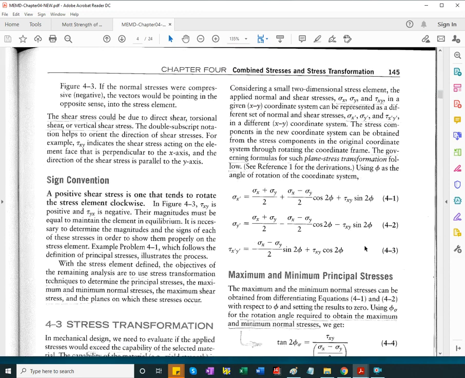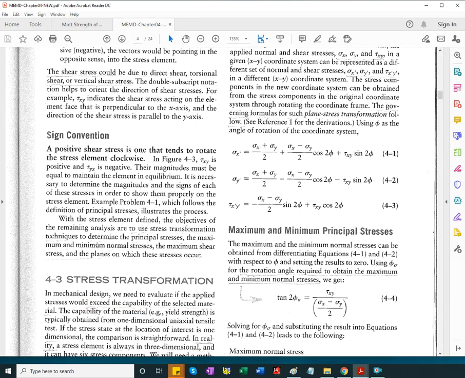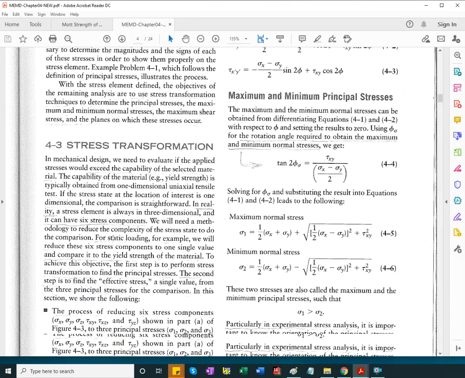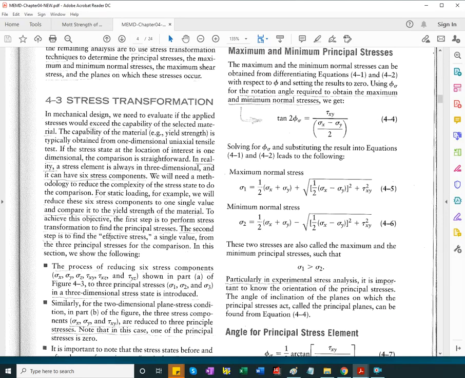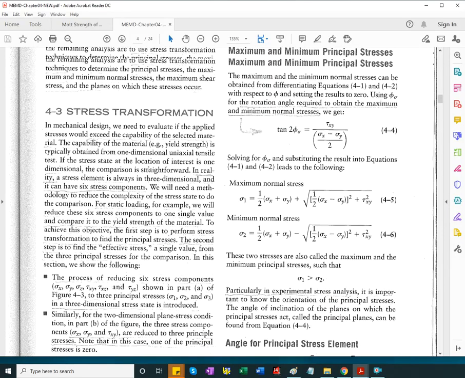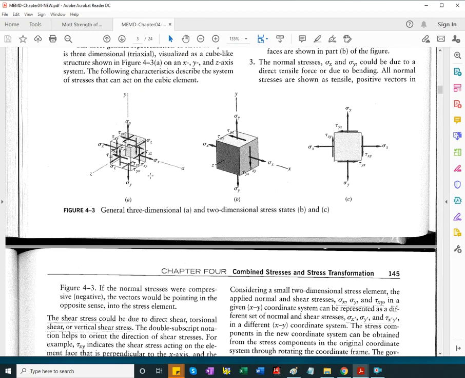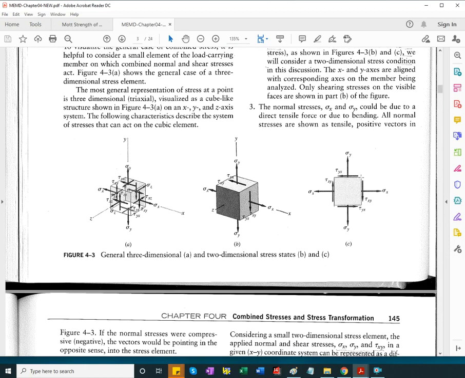Okay. So we discussed sign convention, and then the question is, what happens if I choose an element, so instead of being oriented conveniently with the axis of the bar or pipe, I choose it at a different angle.